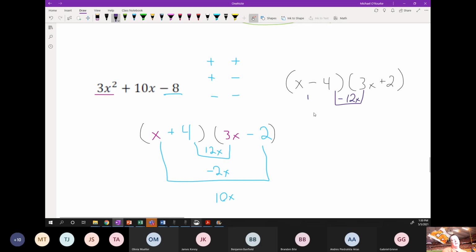You get negative 12x. You would have got 2x, and that would have equaled negative 10x. And you would have been like, oh, I have the 10, I just don't have that. That could mean, if I switch these signs, then it will get me where I want to go, right? So that's why it's called guess and check. You just got to figure it out back and forth.